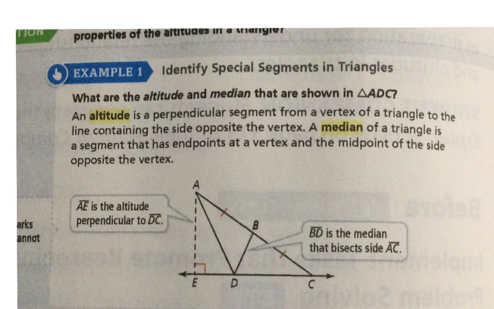So this distance here from A to E is the altitude. A property of altitudes is they always must be perpendicular to the opposite side. So altitudes, you'll always see this right angle. They have to be perpendicular. Altitudes have to have a 90-degree angle.